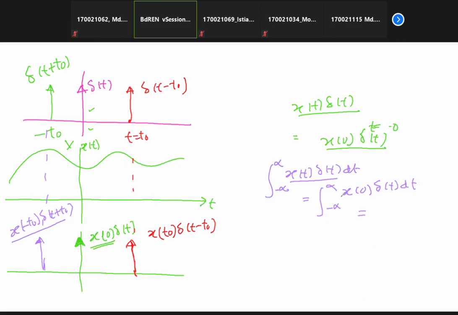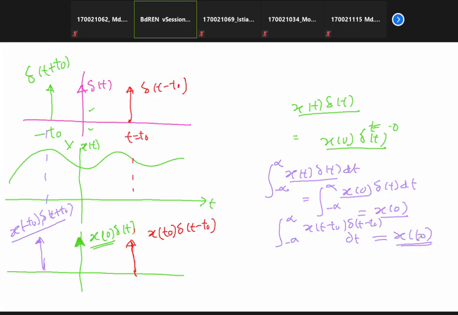Because x(0) is a constant with respect to t, it will be equal to x(0), isn't it? Similarly, if we integrate from minus infinity to infinity x(t) delta(t minus t0) dt, it will be equal to x(t0), isn't it?